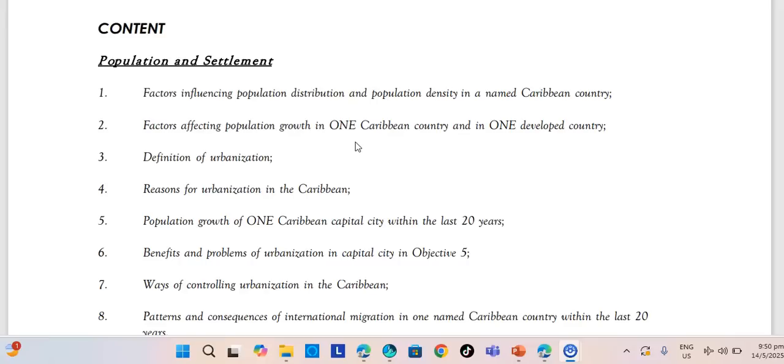All right, guys. Now we're going to look at factors affecting population growth in one developed country, and I'm going to look at the United States. Now, what are the factors affecting population growth in the US? Immigration. Many people move to the US for better jobs and safety, which definitely increases their population. Another factor is low birth rate.